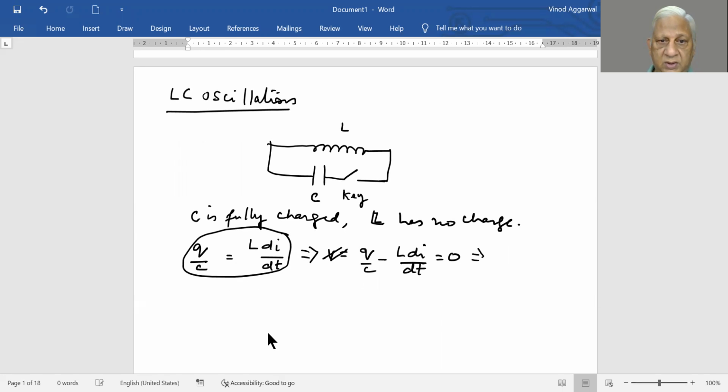This also implies that Q by C, I is again dq by dt.